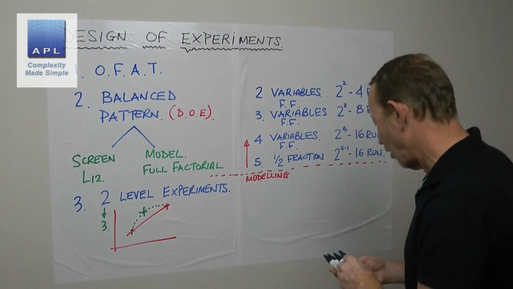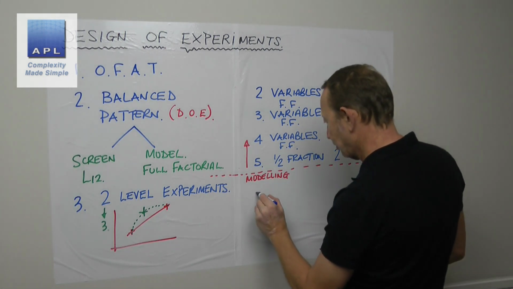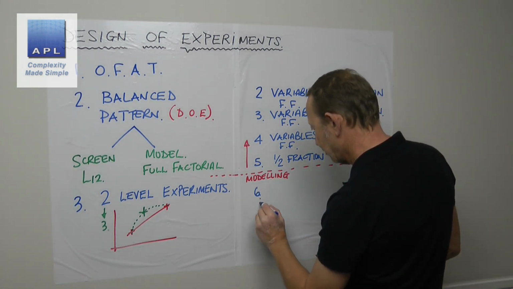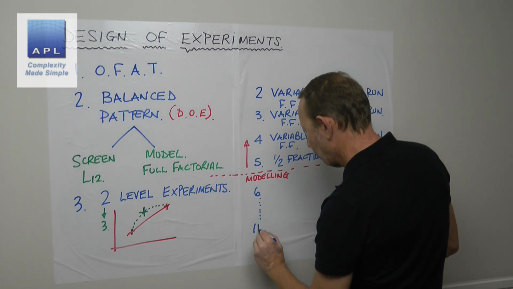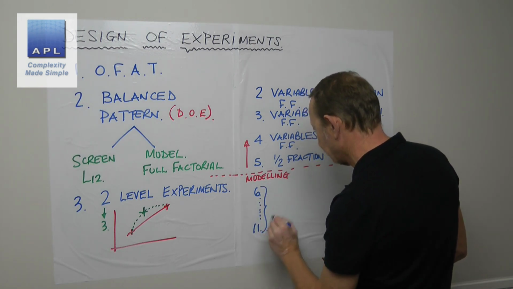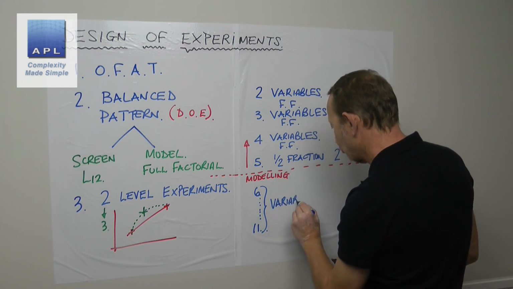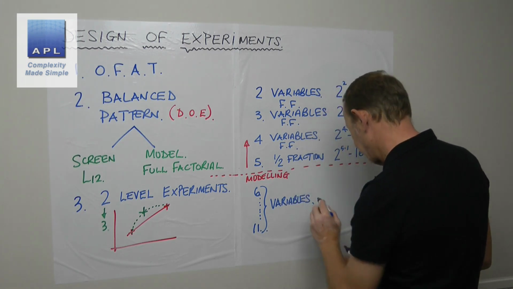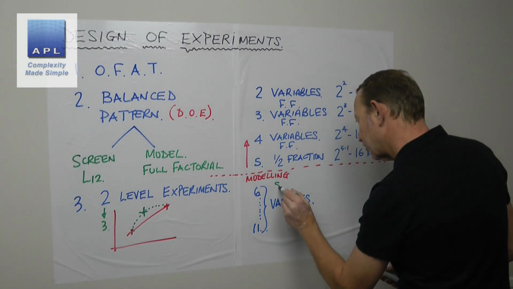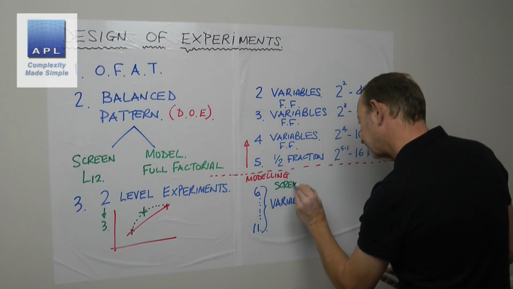Once we've gone to larger numbers of variables, 6 all the way to 11 variables, we are therefore screening. So this is where we start to screen.